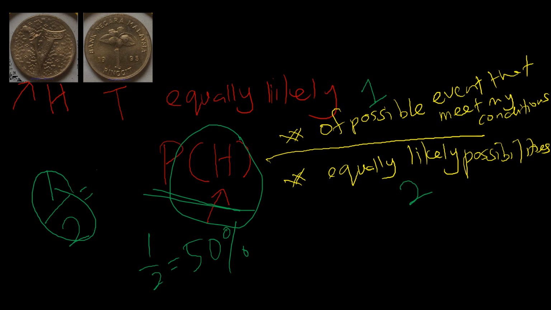Now, another way to conceptualize probability that will give you this exact same answer is to say, if I were to run the experiment of flipping a coin many times, if I do it 1,000 times or 1,000,000 times or 1 billion times, and the more the better, what percentage of those would give me what I care about?